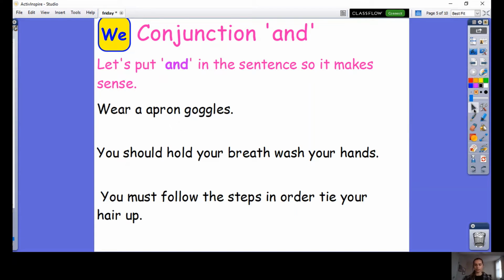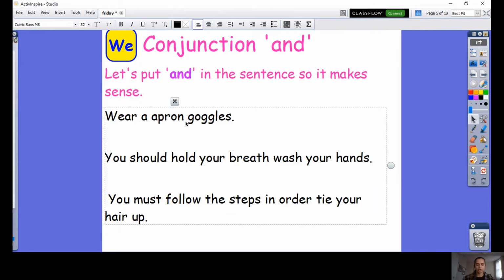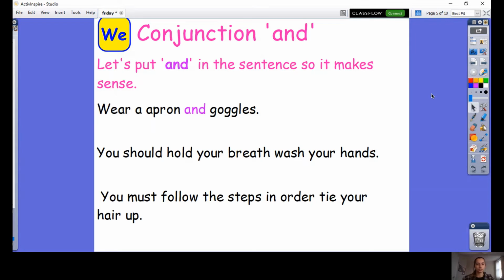It needs to go between apron and goggles so they can go together. Let's add in our conjunction and. Can you spell it for me? And. Well done.